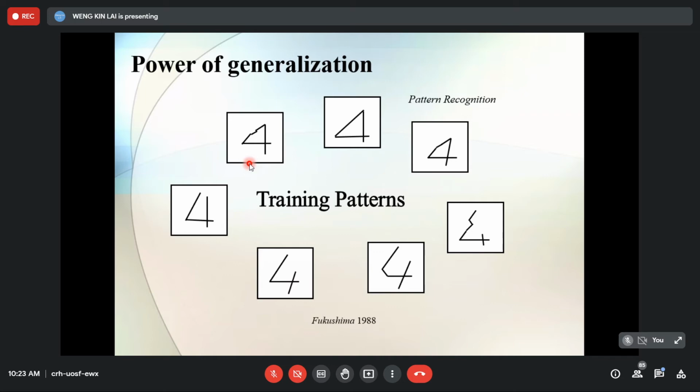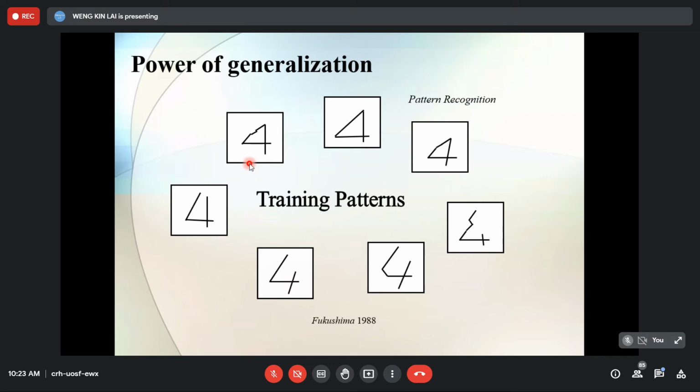That was the interesting fact, and also the attractiveness of the neocognitron. So here we have 7 patterns to train your network. Now the trained network was able to recognize these test patterns.